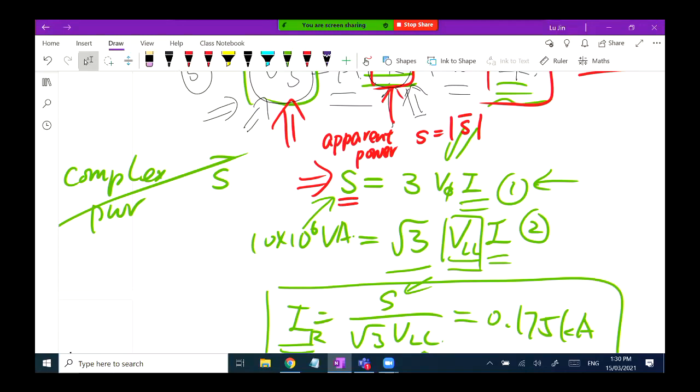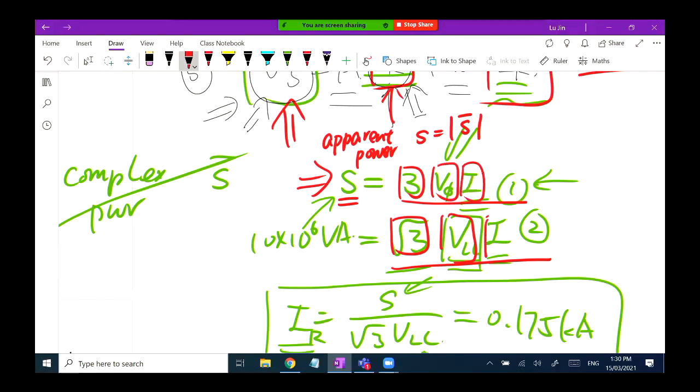On the right hand side, you can see no matter whether you use equation 1 or equation 2, the 3 or the square root of 3 are all numbers. This VS or VLL are all magnitudes of the phase voltage or the line-to-line voltage. And this current I is the magnitude of the vector current.